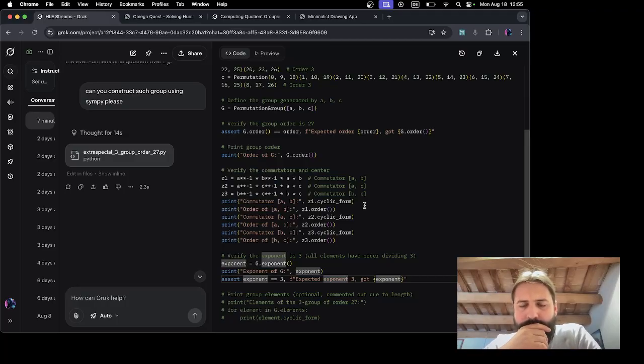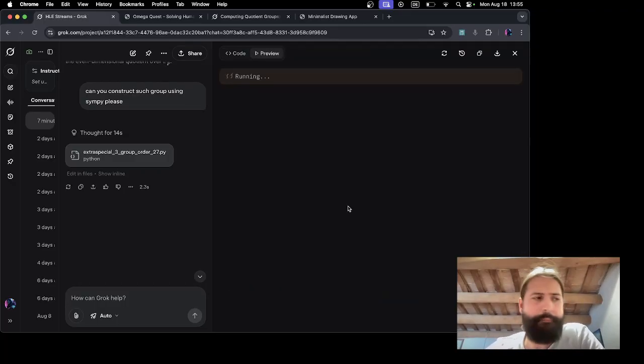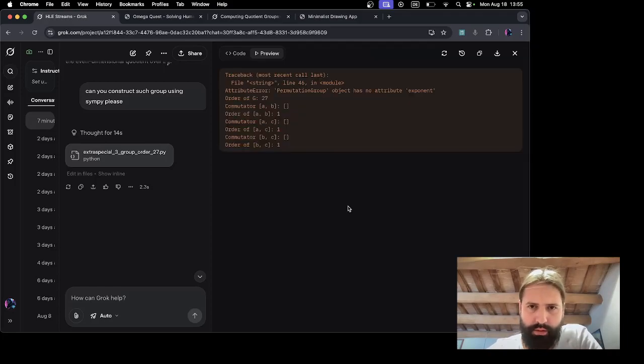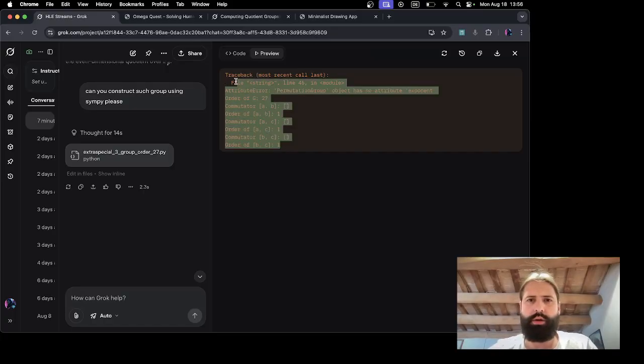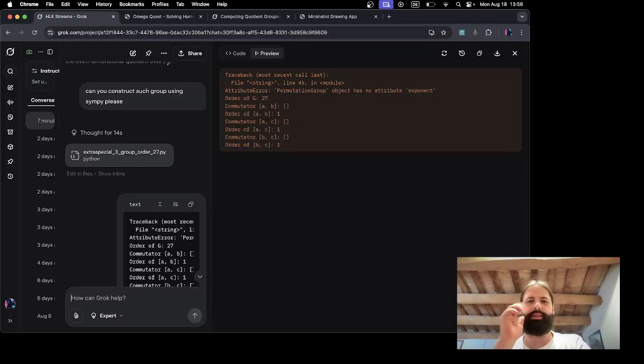Exponent. Let's run this. So SymPy can compute the exponent? Okay, error. That's what I was going to say. Go in expert mode maybe. Maybe I just, yeah.